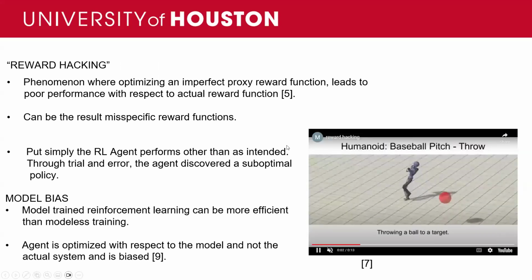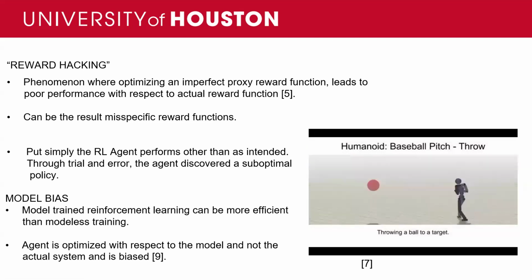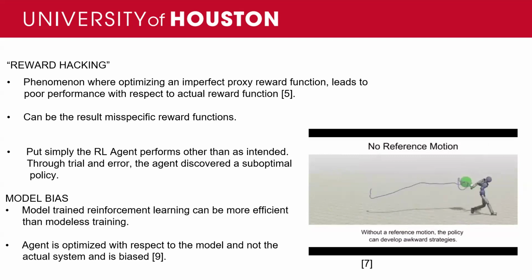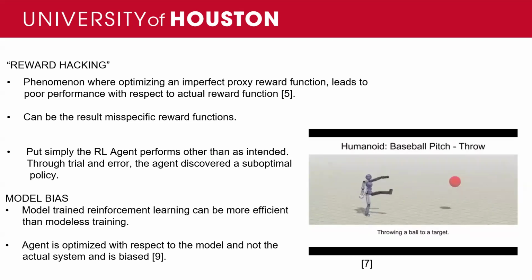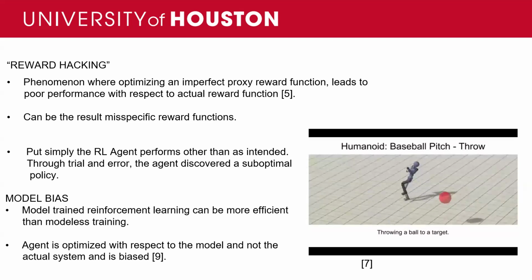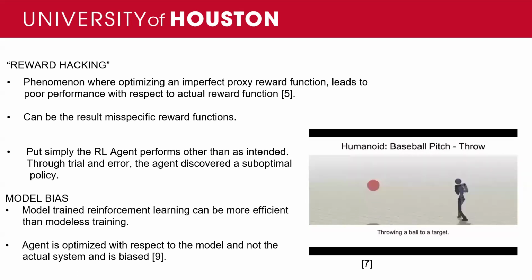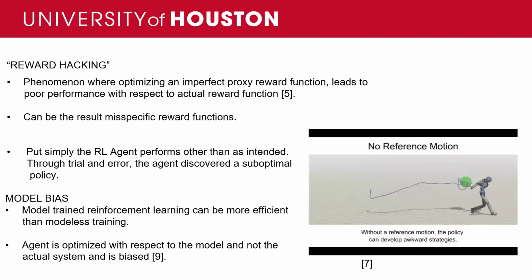We will also get into reward hacking, and I want to draw your attention to this video in the right hand corner that shows an example. And you see this in this simulation. This humanoid was to throw a ball towards a red square, and you see it starts running the ball there. It's a very great example, great visualization.